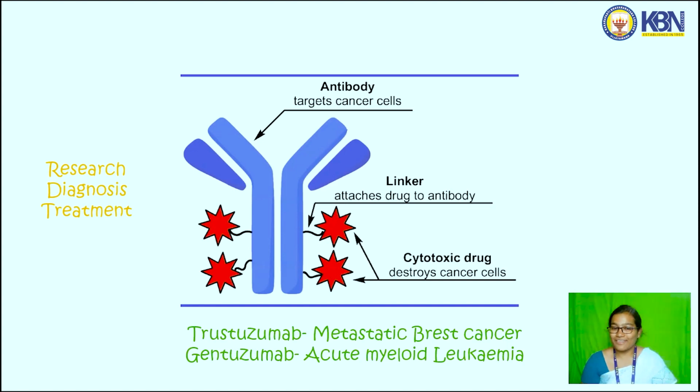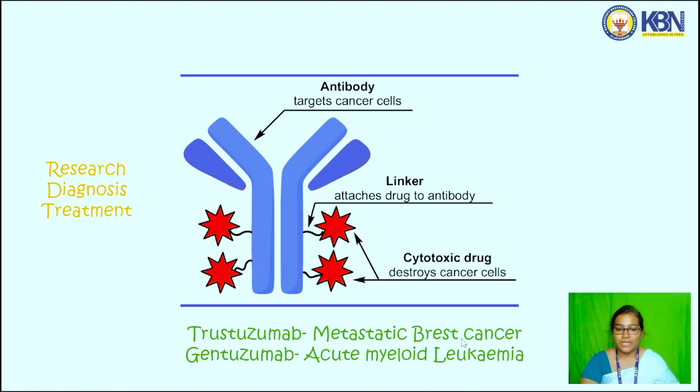If you have observed, in both examples, trastuzumab and gemtuzumab, there is 'mab' at the ending, which helps us understand it's a monoclonal antibody. The names are given depending upon their function as well.